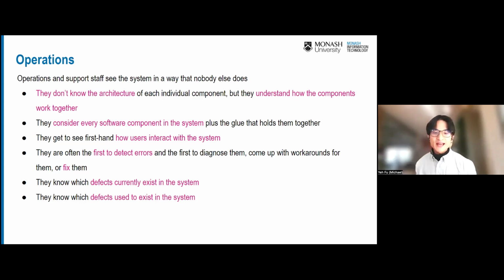They consider every software component in the system, plus they need to glue them together. They are the first to interact with user feedback. When users are using the software system and have something to tell you, the first to react is the operations team. And they are often the first to detect errors.